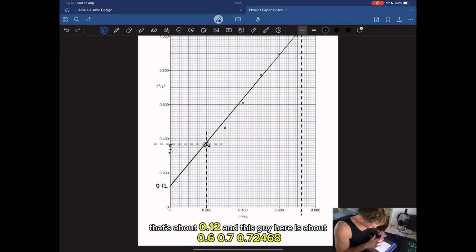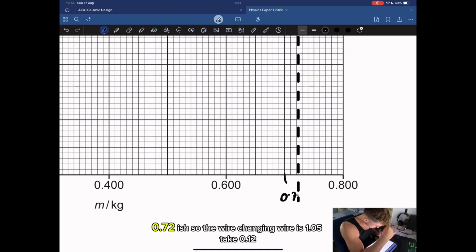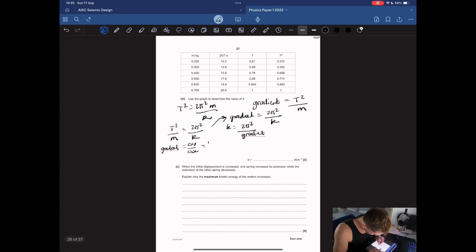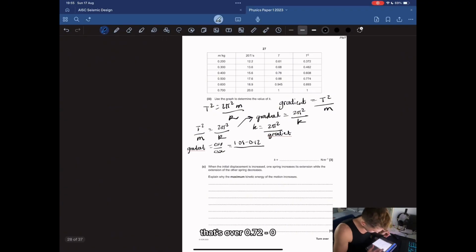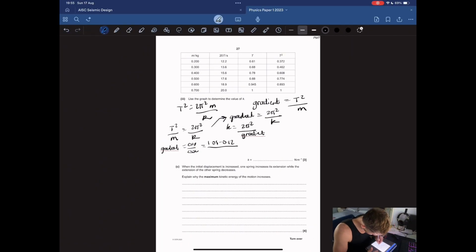And this one here is about 0.72. So the change in y is 1.05 take 0.12, over 0.72 minus 0, which is 1.29.